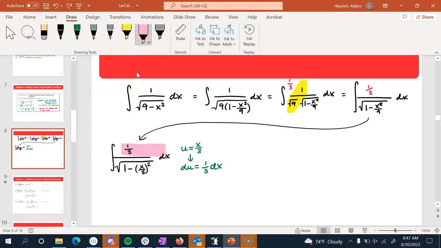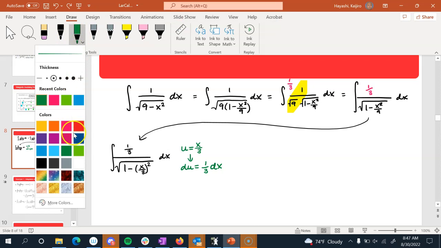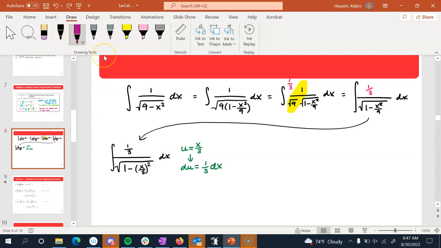So I feel like recognizing that you have 1/3 dx is the easier thing to do. So I will simply do it the other way. So what this means is that 3 du is dx. Okay.